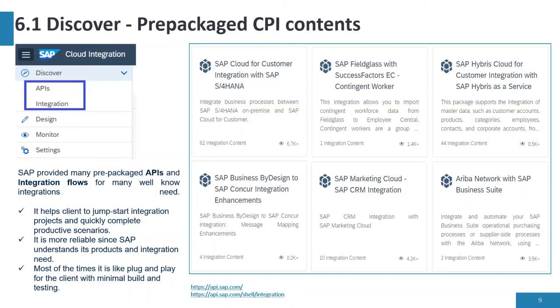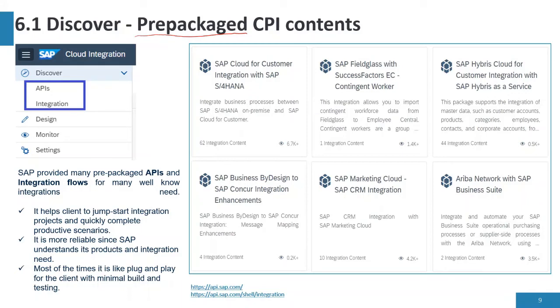When I was talking about Discover, I told you that it is about pre-packaged content. As you now know, pre-packaged content is something that SAP has already built for us, and we can use it to our advantage.